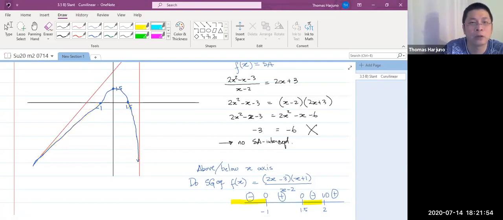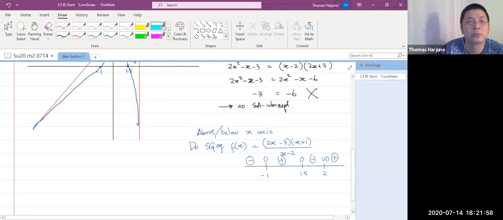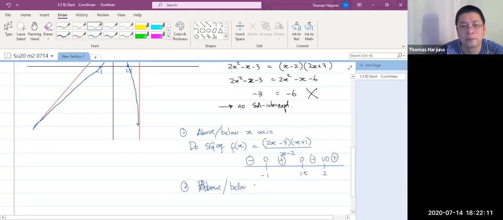If you want to find out if it is below or above the slant asymptote, then we can do this analysis. What you do is you do the sine graph of the function minus the slant asymptote.